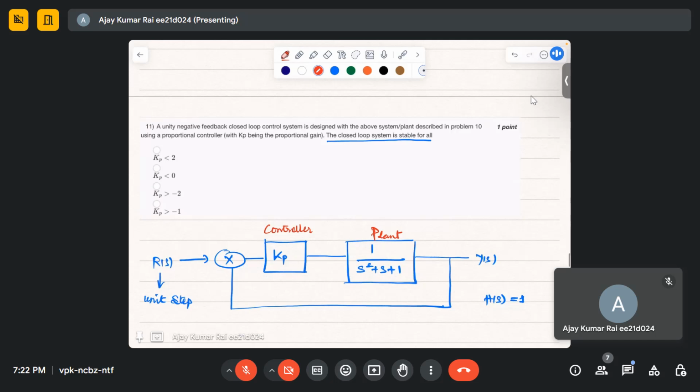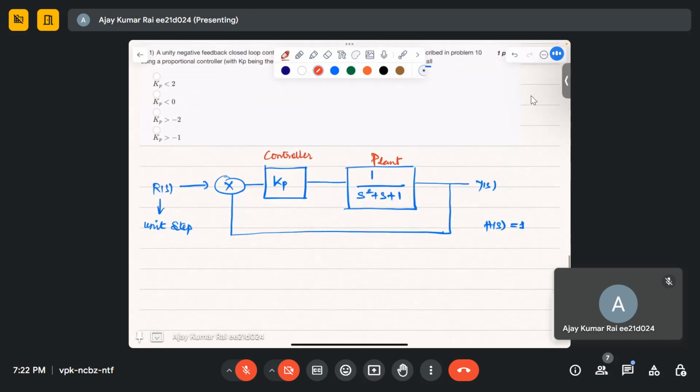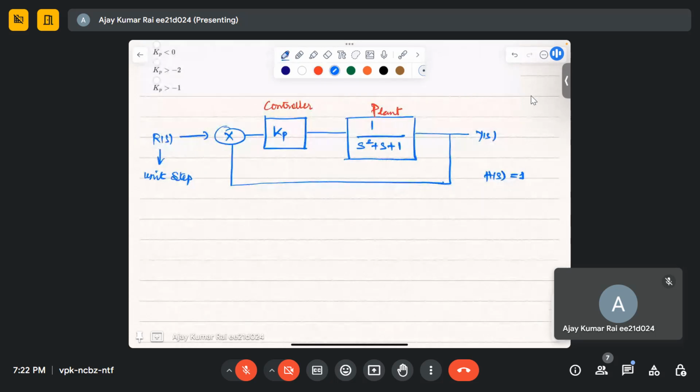You have to find the closed loop transfer function. So let us find it. You used to say this is C of s and this is P of s, right? To find the closed loop transfer function, first you have to find G of s, which is C of s into P of s, which will be equal to Kp. Let me write here.